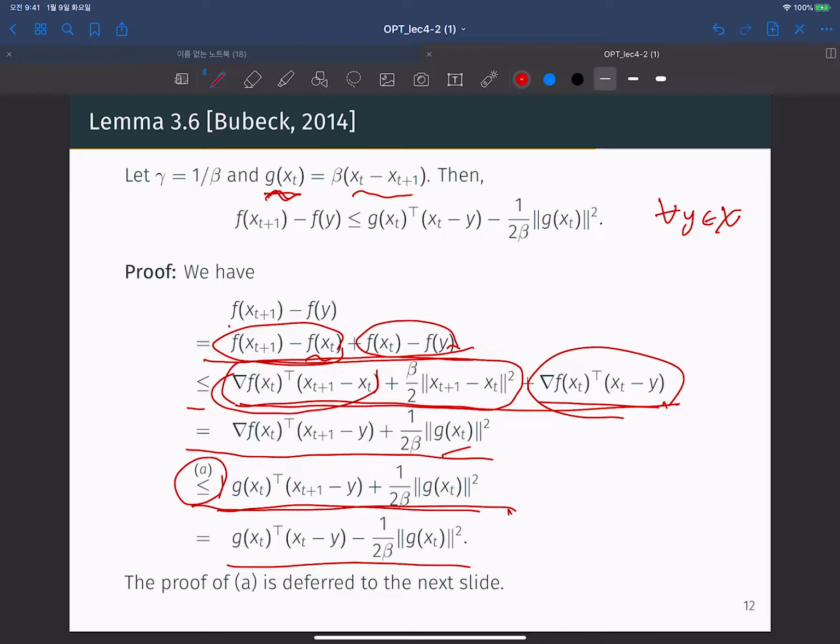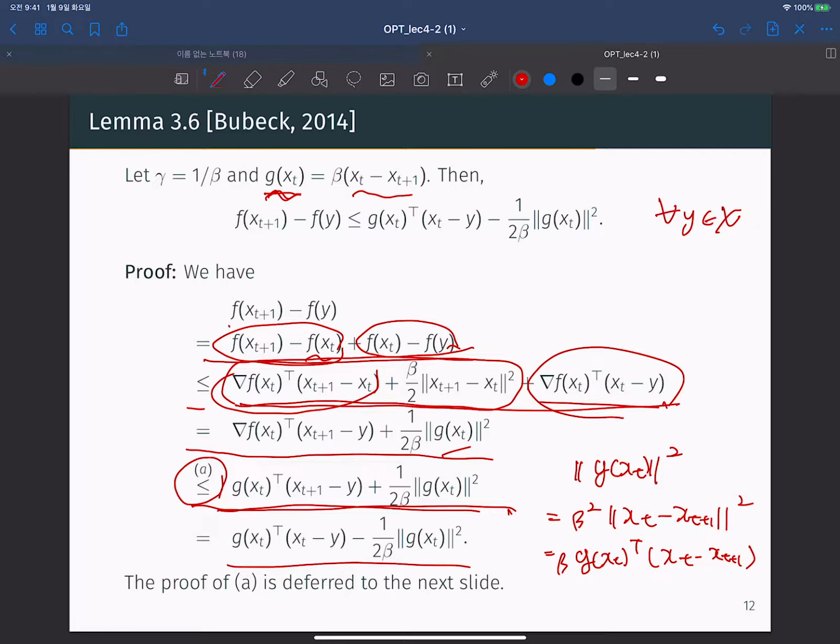And from this, we can conclude this. Why? Because the norm of G(x_t) squared is equal to beta squared times the norm of x_t minus x_{t+1} squared, or this is equal to G(x_t) transpose times beta times (x_t minus x_{t+1}).